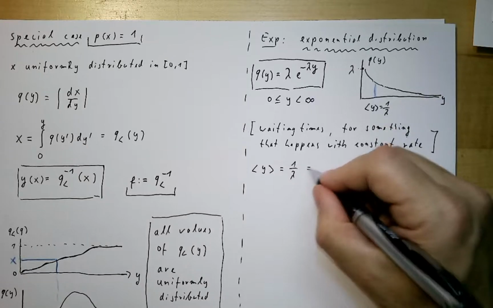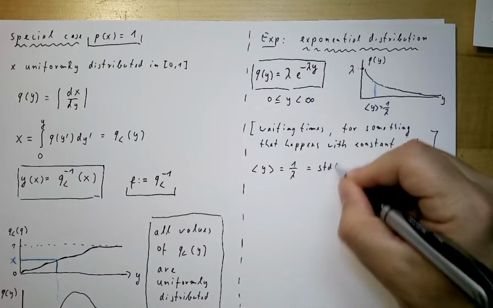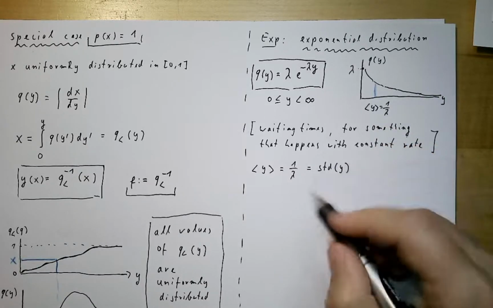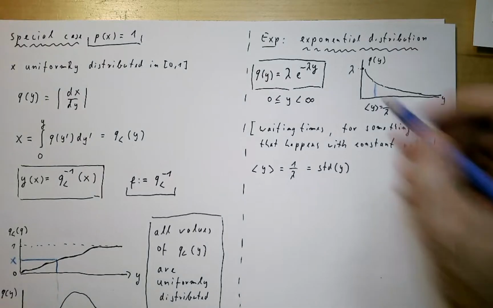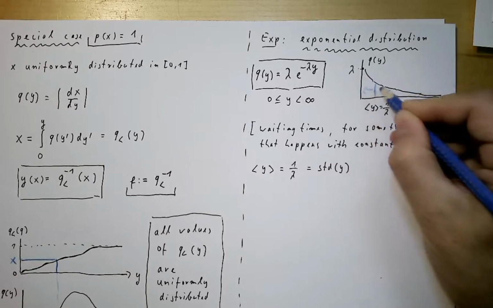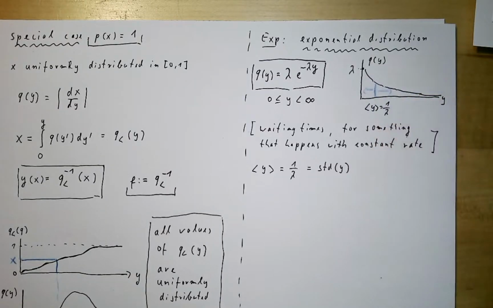And in this case, this is also the standard deviation of y. So the standard deviation equals the expectation value, 1 over lambda.